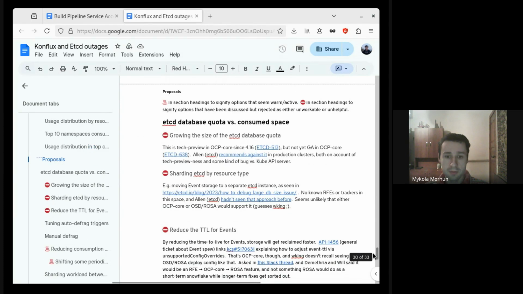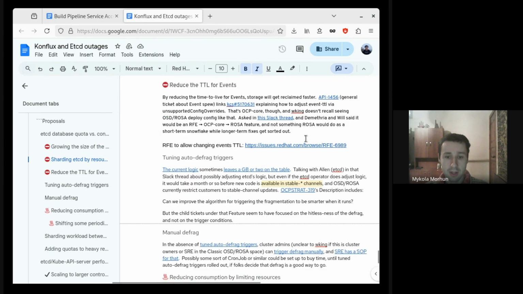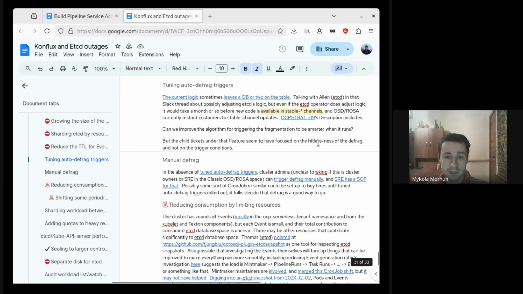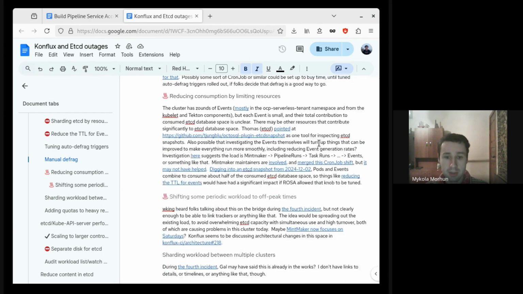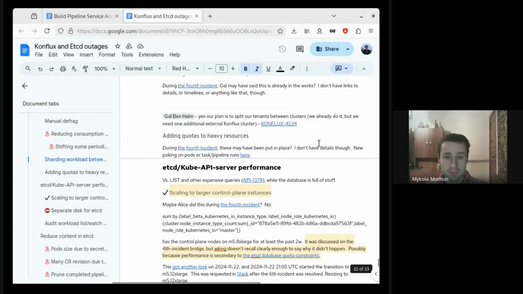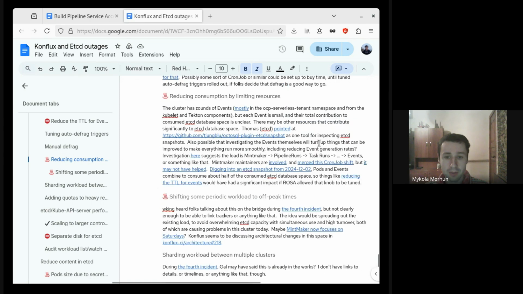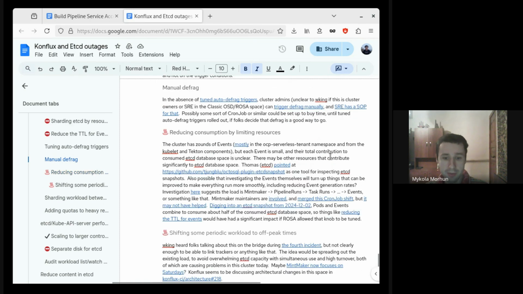Let me find better data. But the gain is quite big, so it's worth considering.